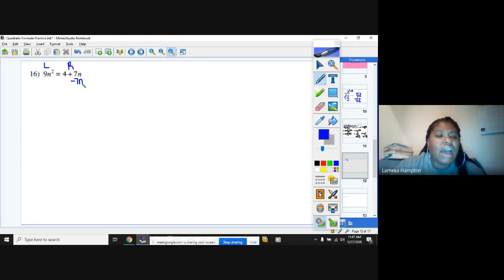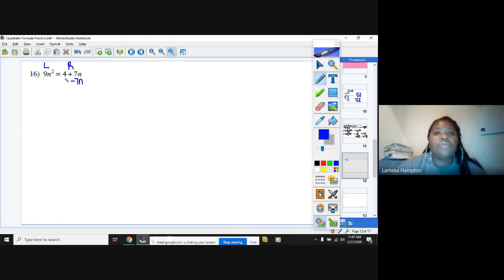Now, I understand that there is not another n or a like term on this left side. So anytime you see a number like number 16 where it doesn't have the like terms on the left side, you're simply going to move it by using the opposite sign. So because this was a positive 7n, on my left side it is going to be a negative 7n because I moved it to my left.